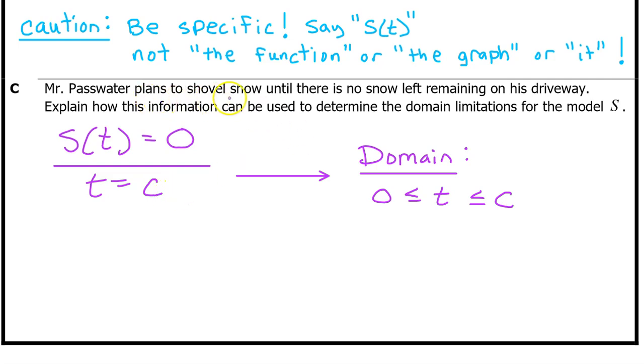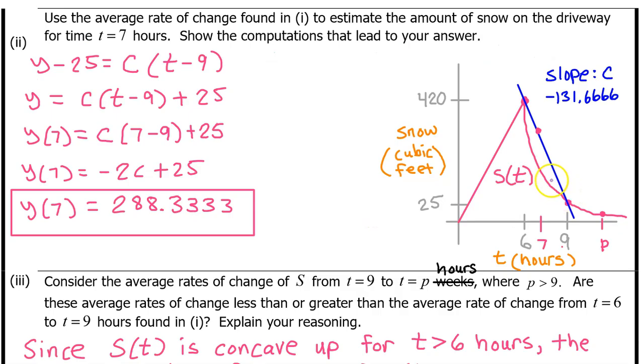Since Mr. Passwater plans to stop shoveling snow when S of t is equal to 0, the domain should be from 0 to c. However, that doesn't make sense for this problem, because for time t greater than 6, S of t is an exponential decreasing function that approaches 0 but never reaches 0.